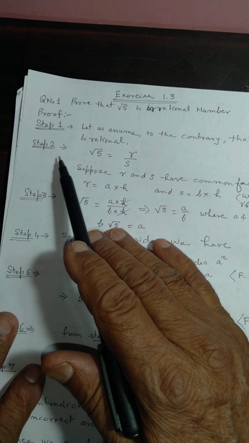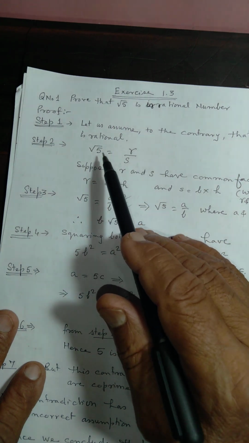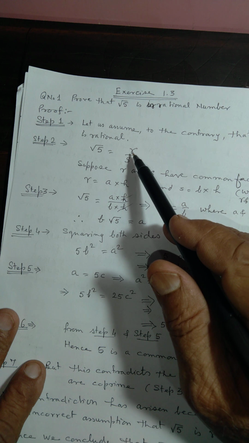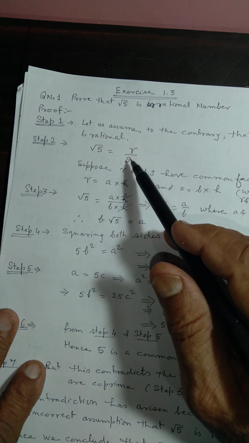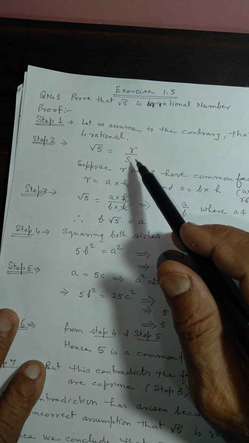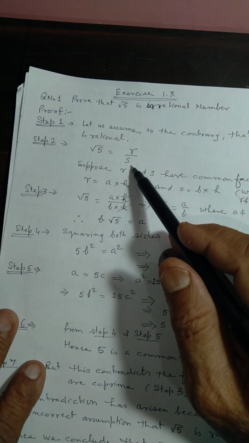Now in the second step, if root 5 is a rational number, then as per the definition, a rational number can be expressed in the form p by q, where q is not equal to 0 and p and q are both integers. So root 5 must be equal to r by s.